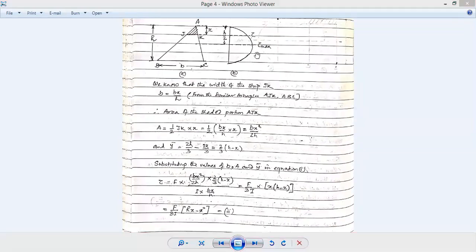We put F into A into y bar divided by I into Bx divided by H, or F divided by 3I into X into (H minus X). So the shear stress tau at a distance x from the top is F by 3I into (HX minus X squared).